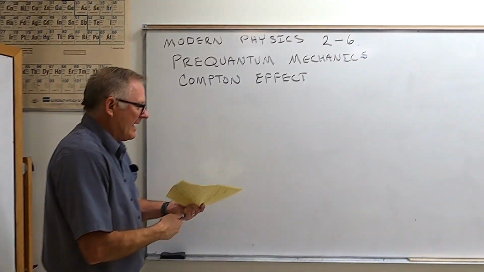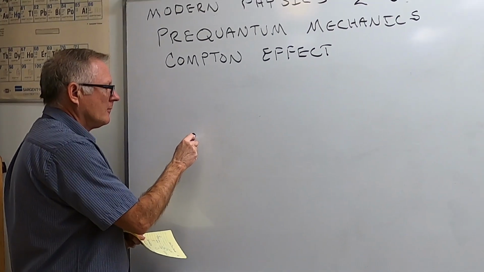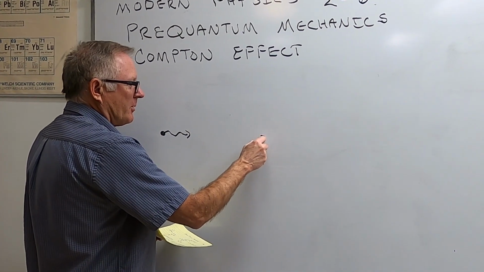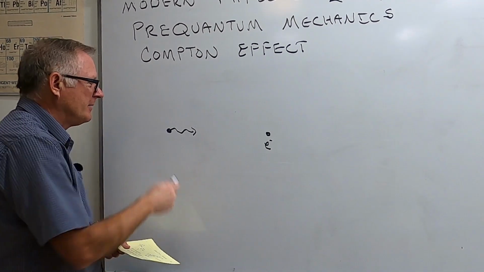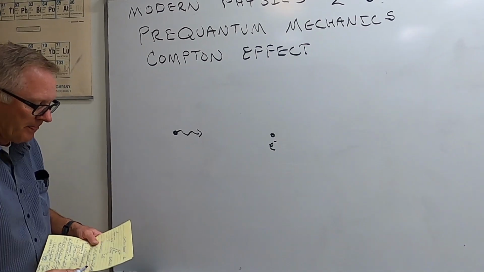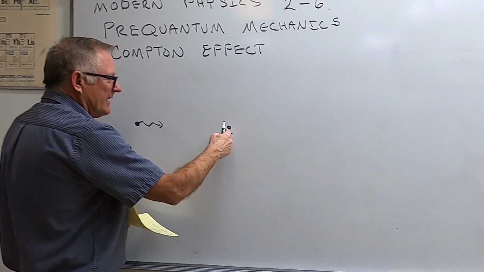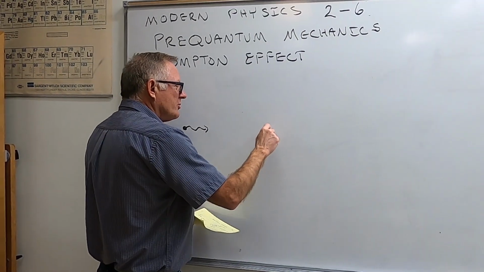So now what do we have right here? We have a photon going this way, runs into an electron. He's pretty much free now because, even though he's in an atom, this is going to be a lot higher energy. And since the photon can't deposit all of its energy and give it all to the electron, that's impossible, all it can do is ricochet off.